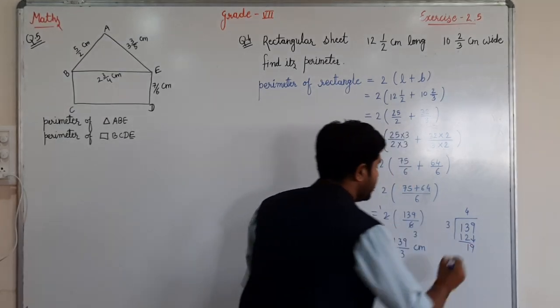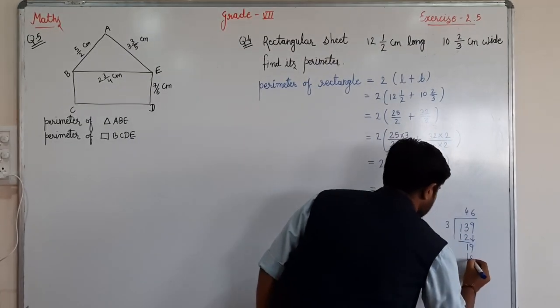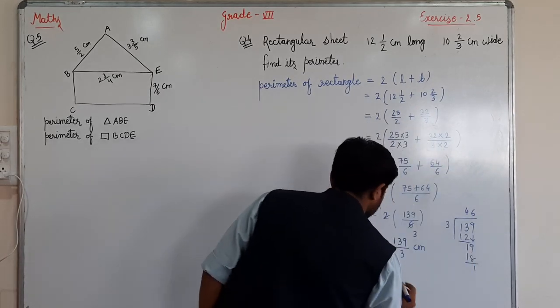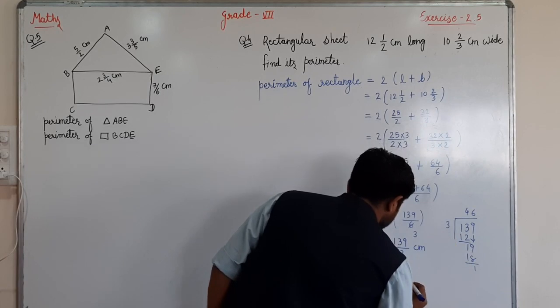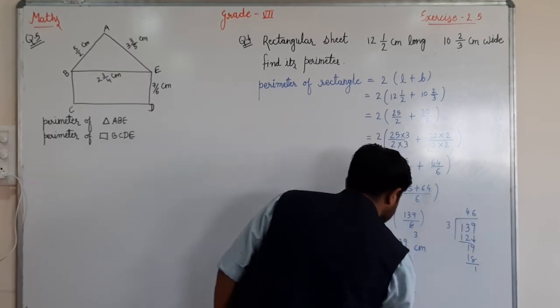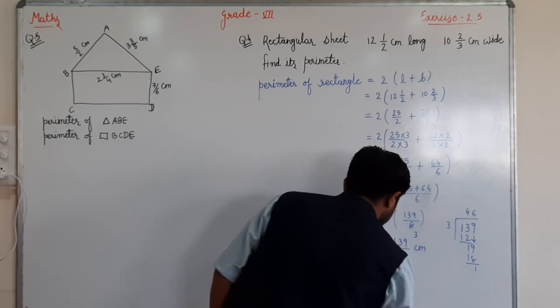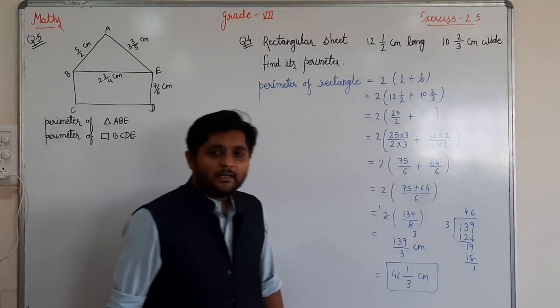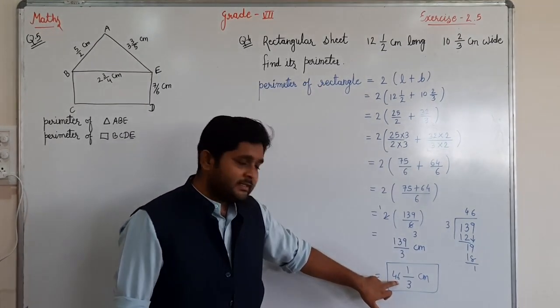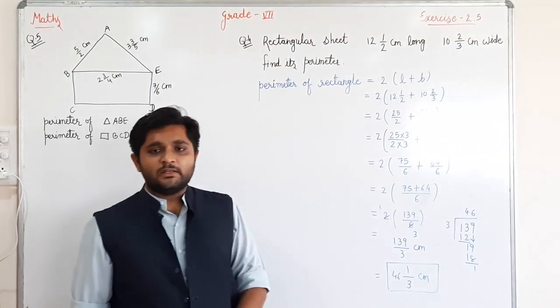Now 3 thirds are 9... 3 sixes are 18, so the answer is 46 and the remainder is 1. So we can say that the perimeter of the given rectangular paper sheet is 46 1 upon 3 centimeter.